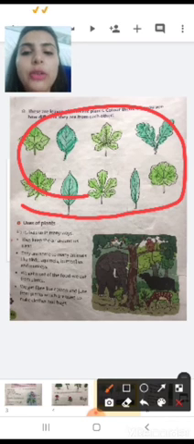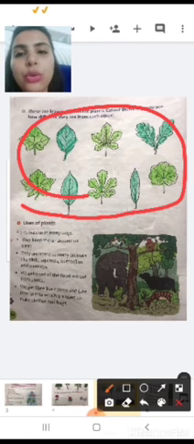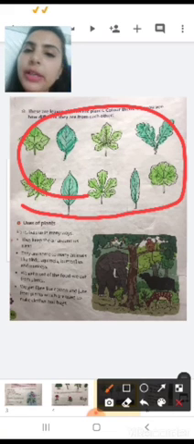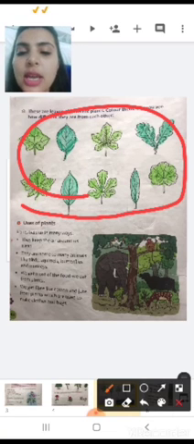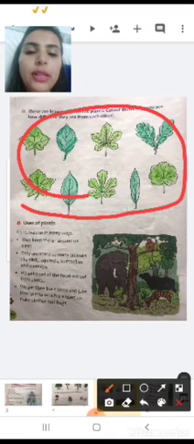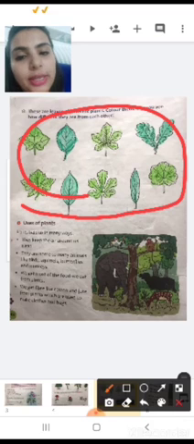Okay, now next is the uses of plants. Everybody knows plants have different uses. So plants help us in many ways. First, they keep the air around us clean. Second, they are home to many animals like birds, squirrels, butterflies and monkeys.